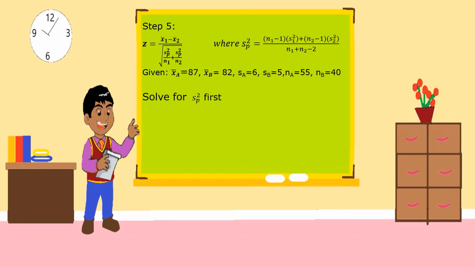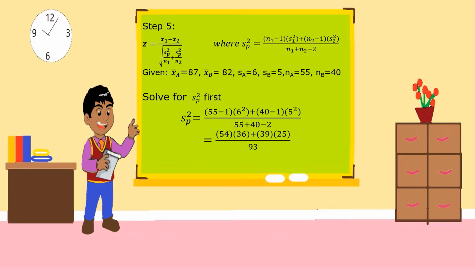We solve first for the square of SP. Using the formula, our n sub 1, or first sample size, is 55 minus 1 times the square of the standard deviation of group 1, which is 6 squared, plus 40 minus 1 times 5 squared, all over 55 plus 40 minus 2.